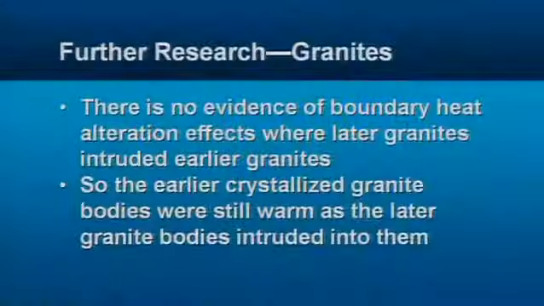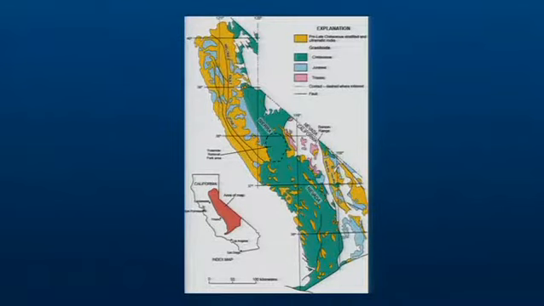And these granite bodies were sequentially intruded into one another, as we'll show in a moment. As they were intruded, there are no boundary heat alteration effects between the later and the earlier granites. That means they were all still warm as they were each one sequentially intruded, which gives us a clue that the sequential intrusion may have been fairly rapid.